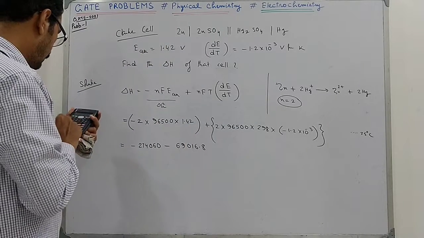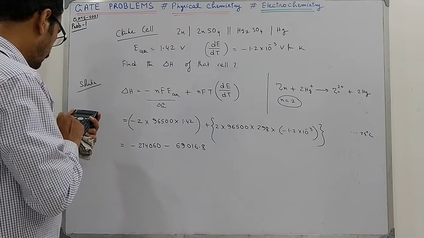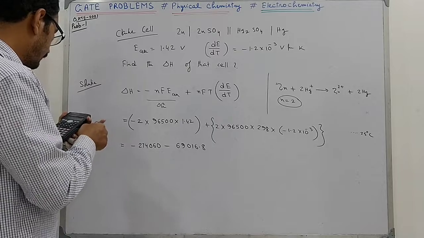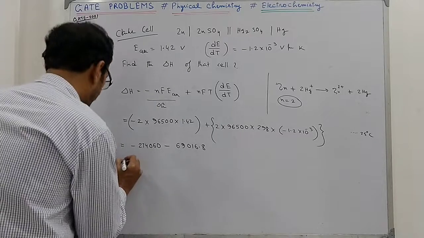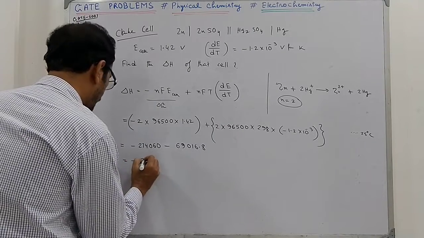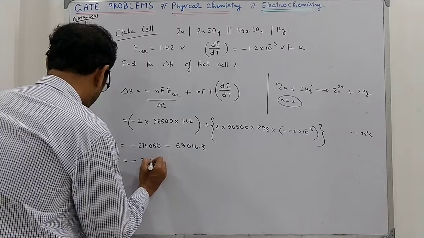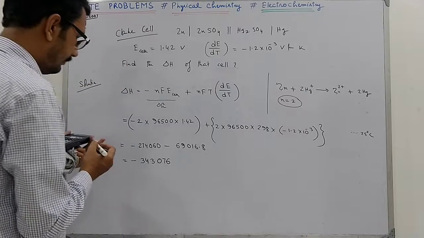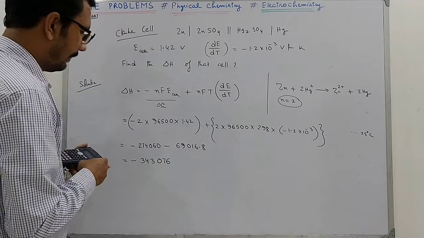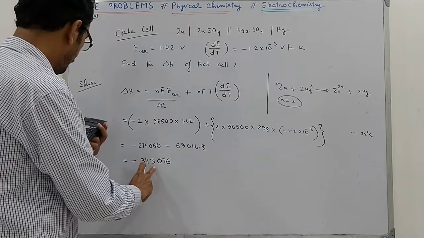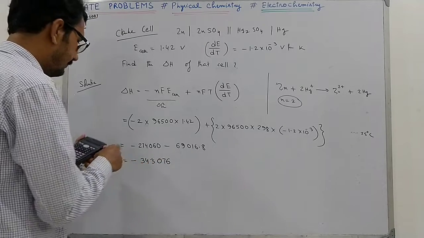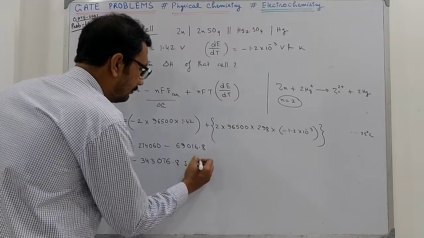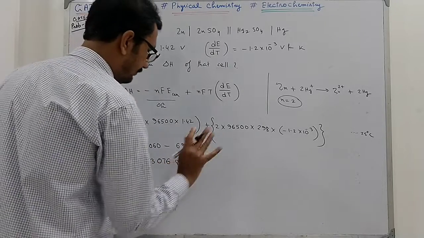Now 274060 minus 69016.8 will give us minus 343076.8. Is the calculation correct? It is in joule per mole, not Kelvin.